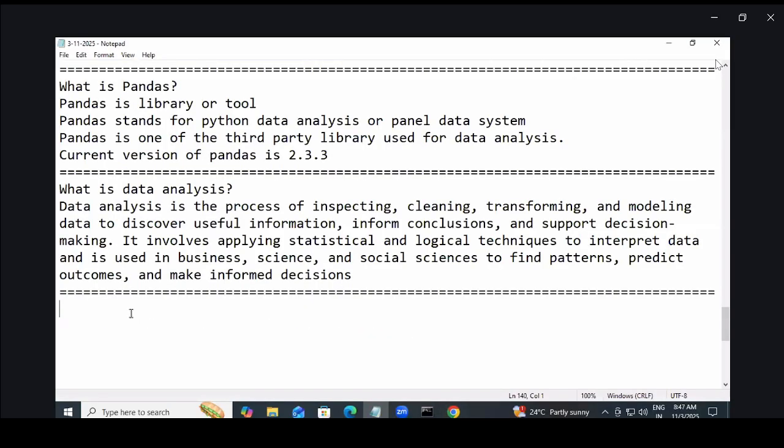For doing data analysis, what do you require? Data. Data analysis includes various operations, which you can call the pipeline of data analysis.